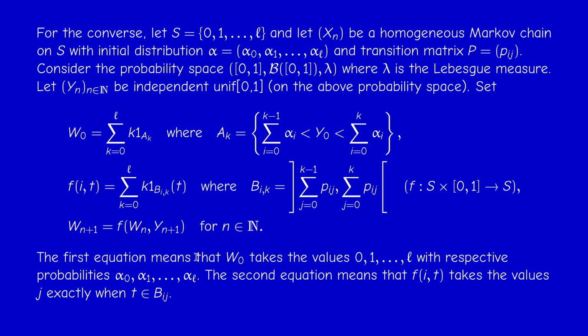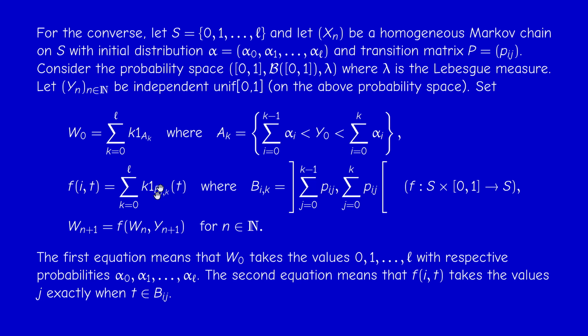And this is what I was trying to explain. So the second equation, this is what we shall now apply. So f_i(t) takes the value j, where j is anything from 0 to L. When does f_i(t) equal j? Precisely when t is in B_ij, right?